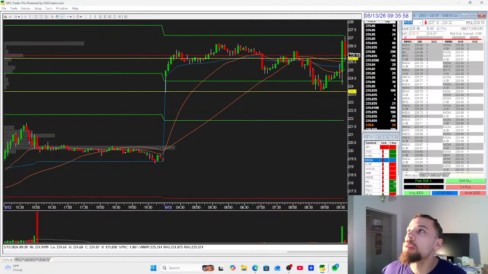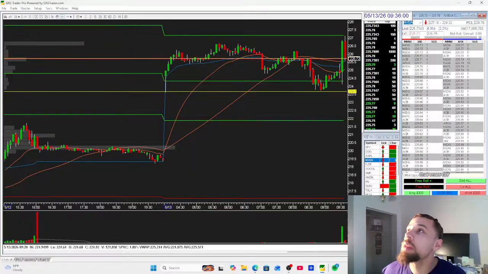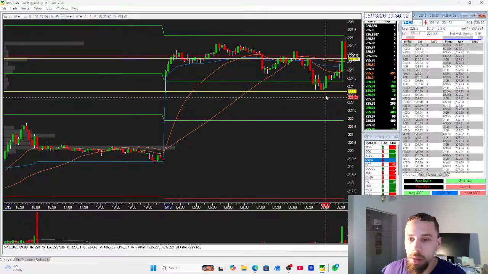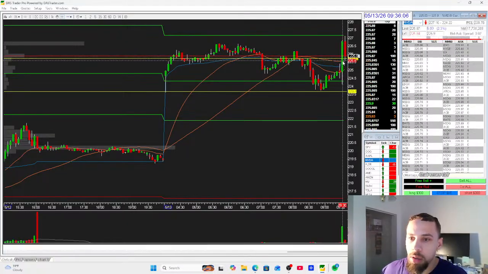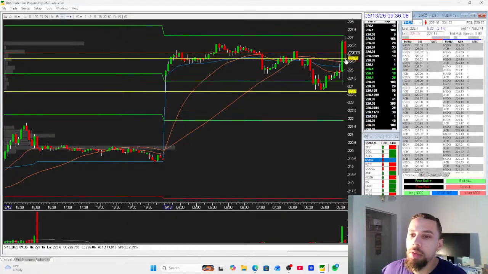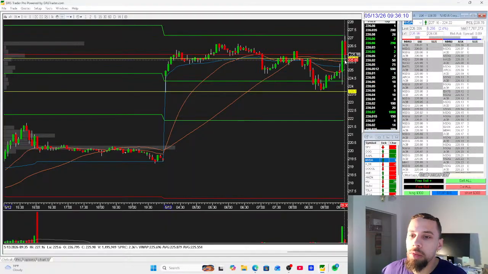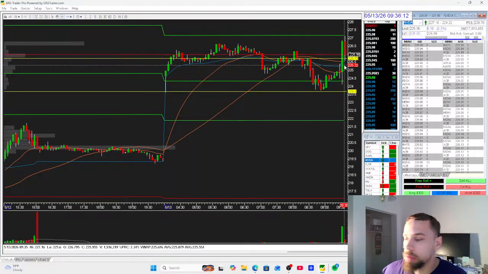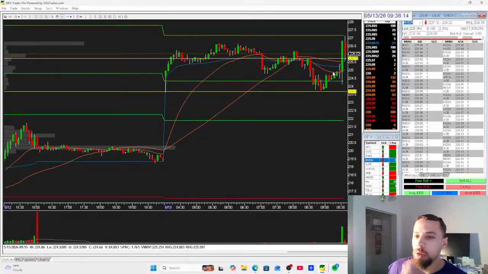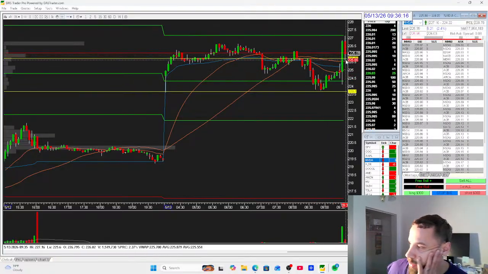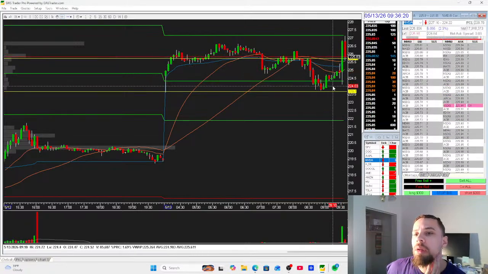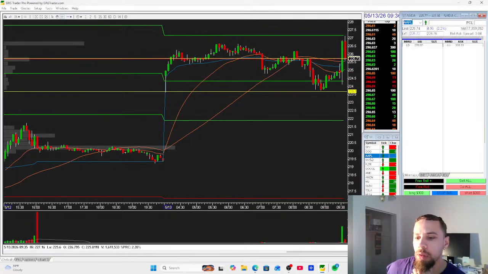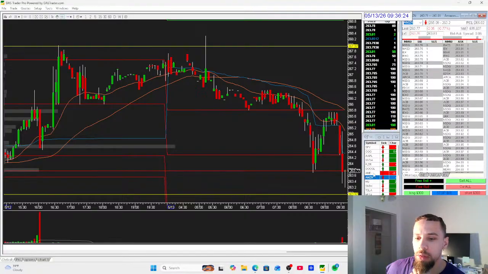Big orders though are to the top side, 228 and 230. A lot of confluence right here. Got support level, VWAP, moving average. Only thing I don't like for long right now is just SPY and QQQ are really weak. So that's not good.